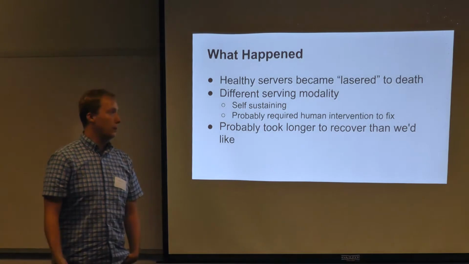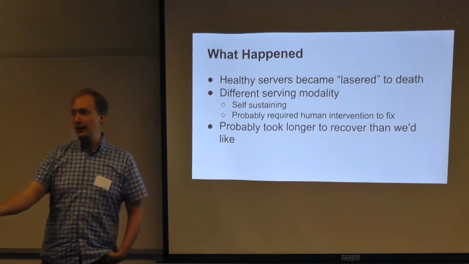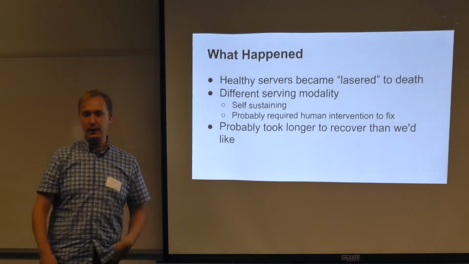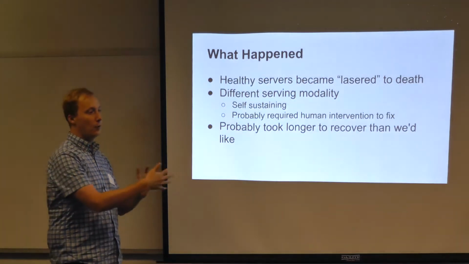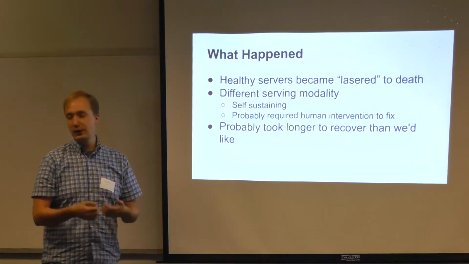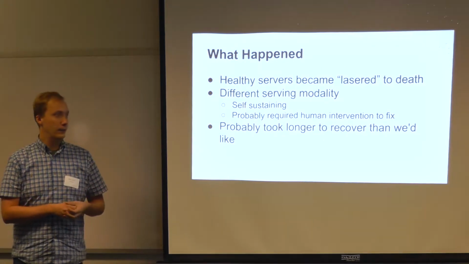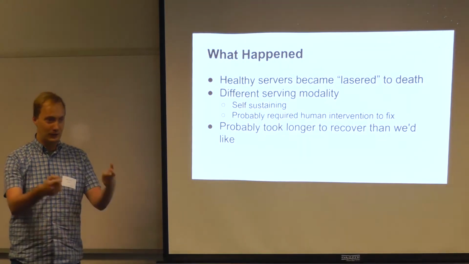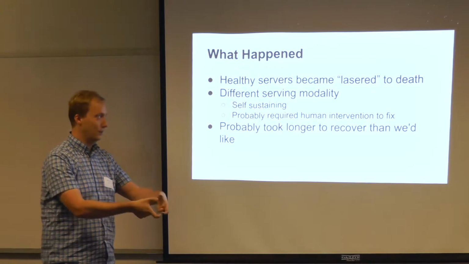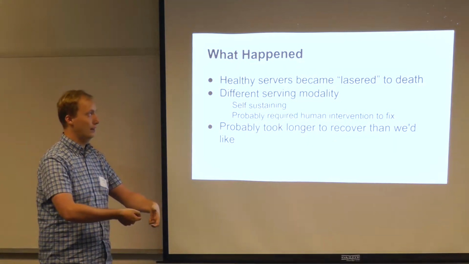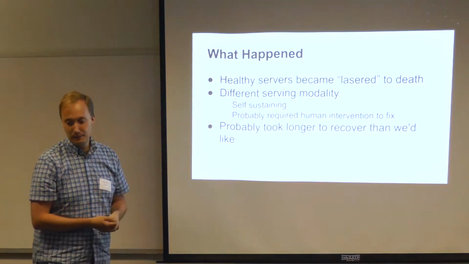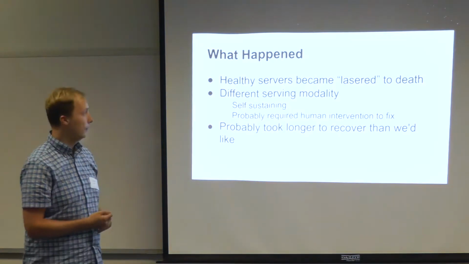So we sort of understood what happened. These healthy servers became lasered to death with all of the load. We presumably added more instances to the system because a single instance wouldn't be able to handle all of the client load. And then we regressed into a state where we had a single instance receiving all of the requests of the client, and that just wasn't something it could handle.